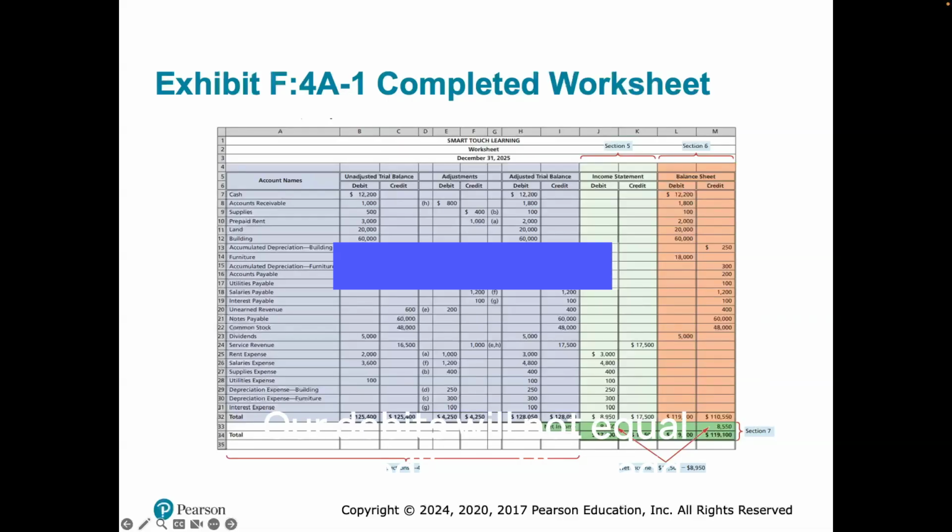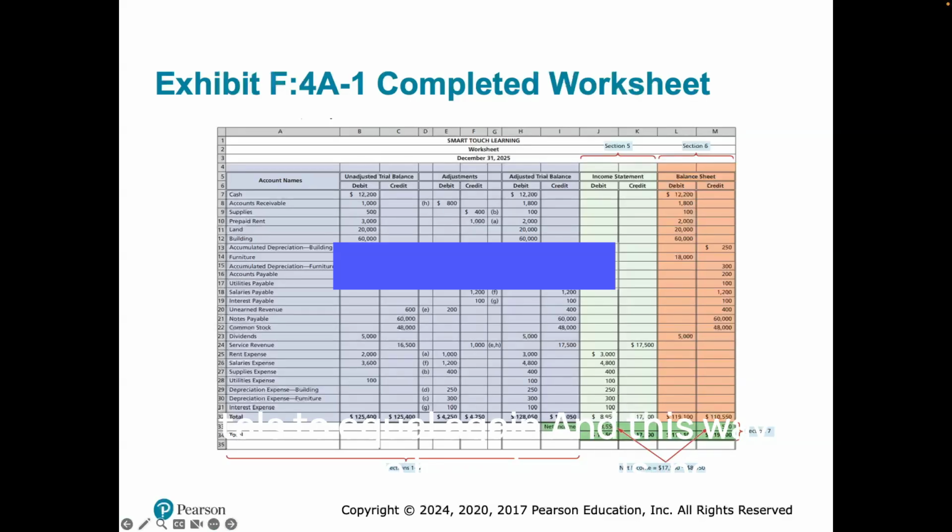Our debits will not equal our credits until we add back our net income. And now you can see our net income was a debit on this side. Here, we're going to add it back to the amount that's lower. And then we should get the totals to equal again. I know it's kind of confusing, but the way to think about it is whichever is lower, the debit or the credit side, that is where you're going to add your net income. And then you should get totals to equal again.